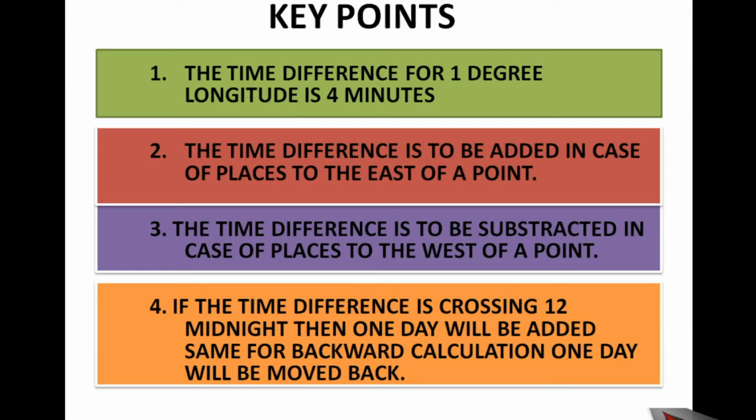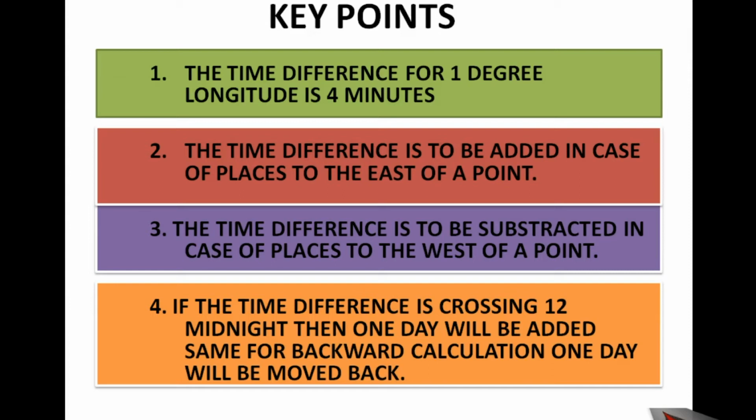Last point, if the time difference is crossing 12 midnight, then 1 day will be added, and the same for backward calculation, 1 day will be moved back. If I see the time difference is such that I am crossing 12 midnight, then I have to add 1 day, because the weekday changes, from Tuesday to Wednesday, Wednesday to Thursday.